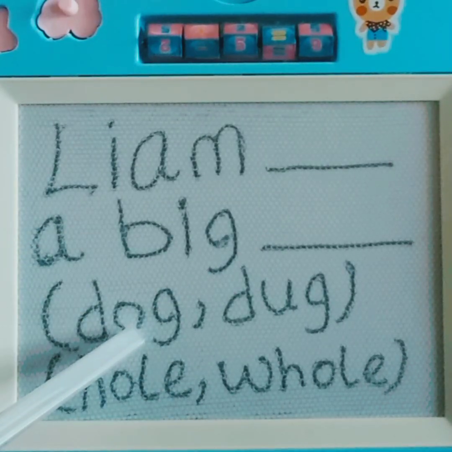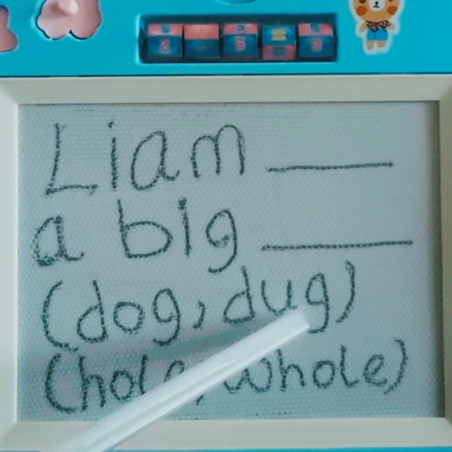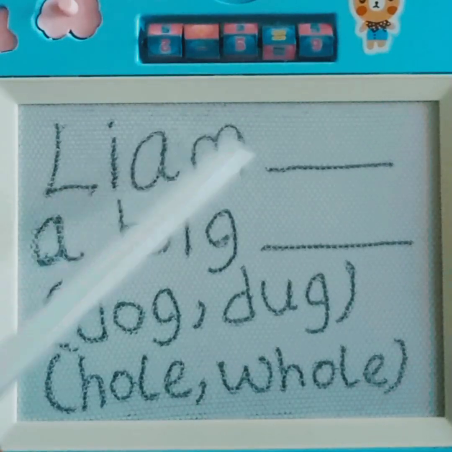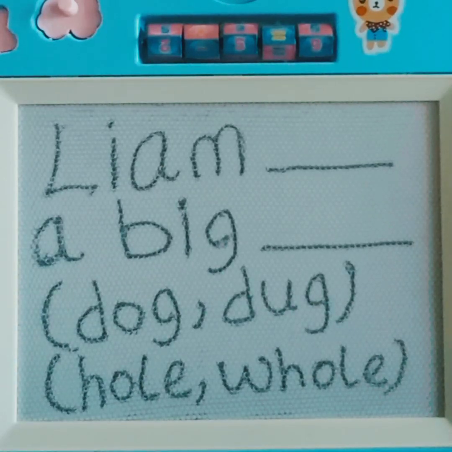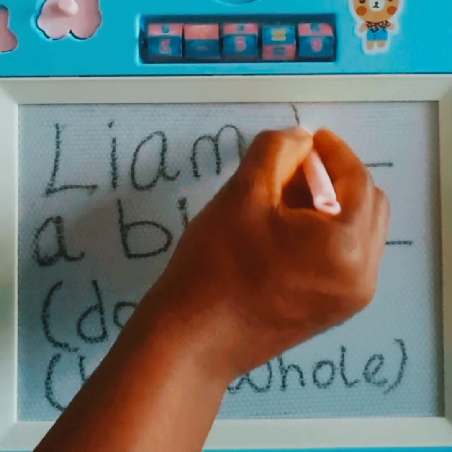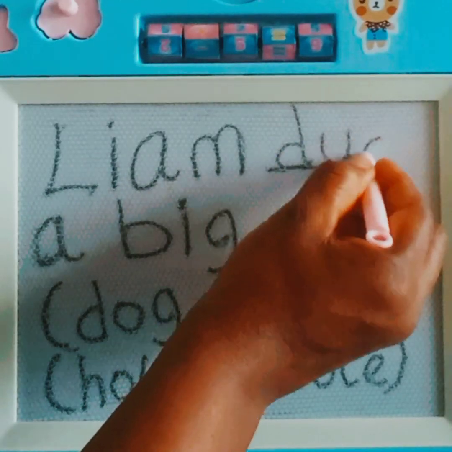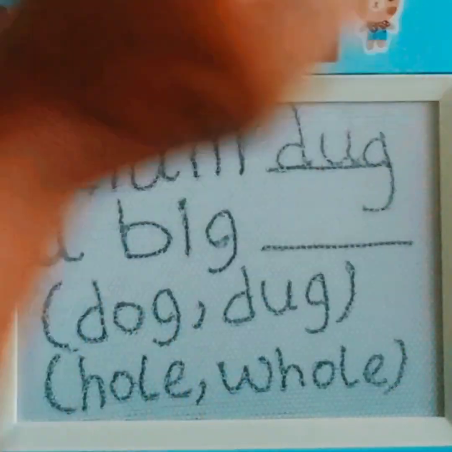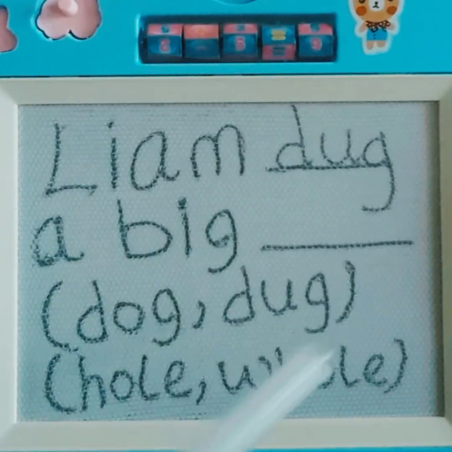This is dog, an animal. This is dug, past tense of dig. So we write D-U-G. Liam dug a big hole.